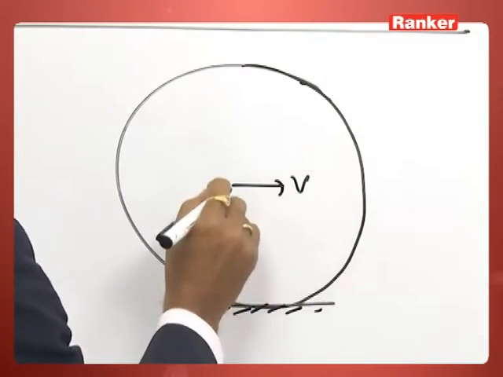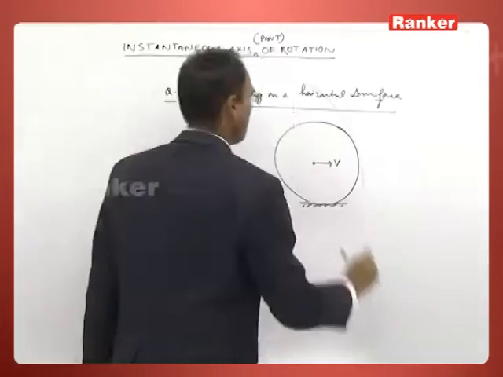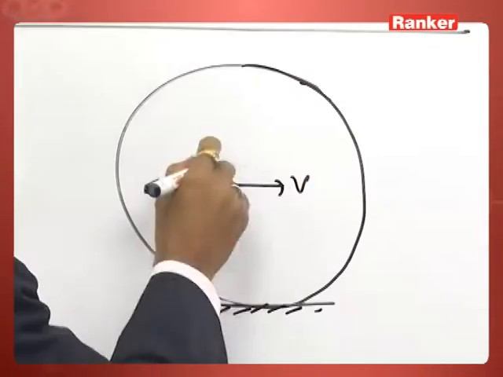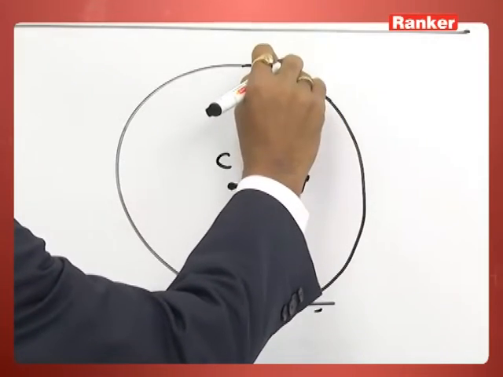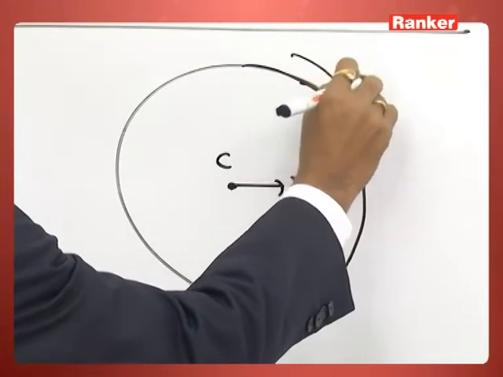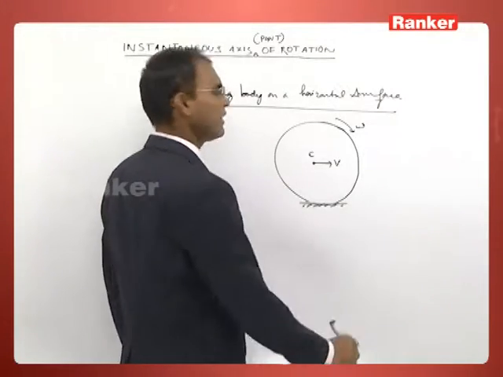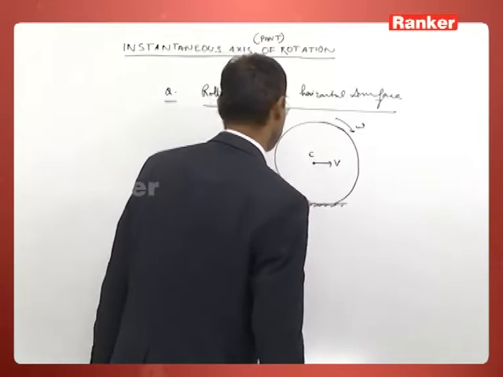Say V is the velocity of the center of mass, and omega is the angular velocity.